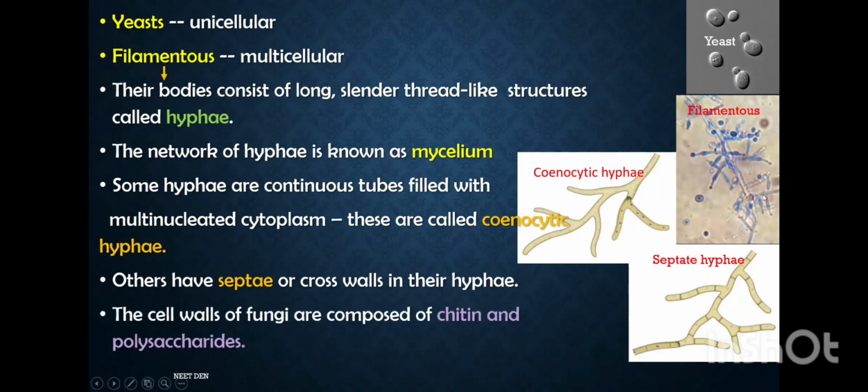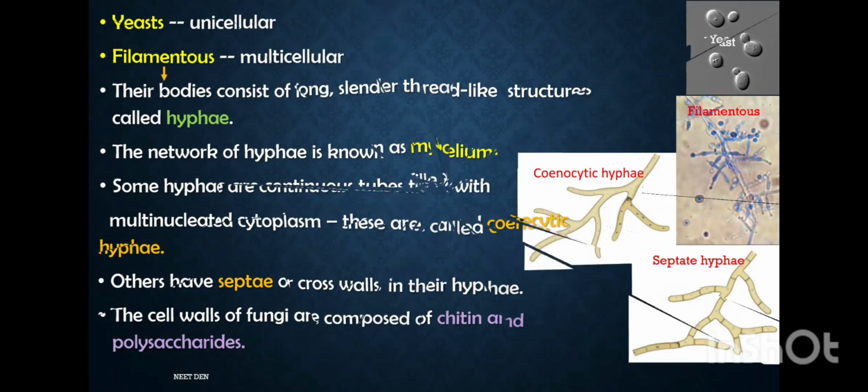And the cell wall of these fungi is made up of chitin as well as polysaccharides. So what does the morphology of fungus consist of? They may be unicellular, they may be filamentous. Filamentous are called hyphae. Hyphae form mycelium. Hyphae may be coenocytic or septate, and the wall is made up of chitin and polysaccharides.